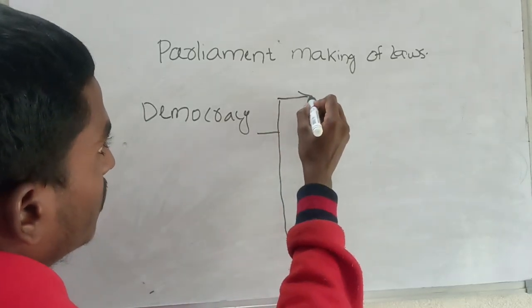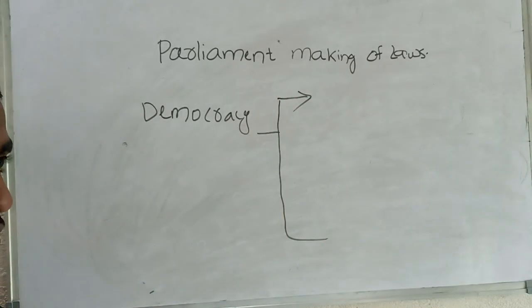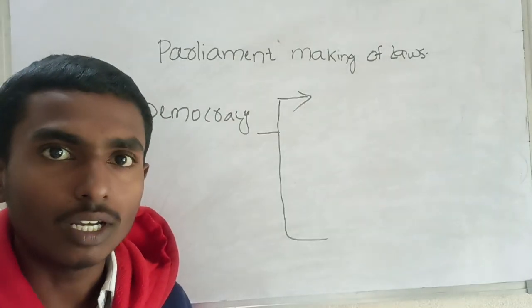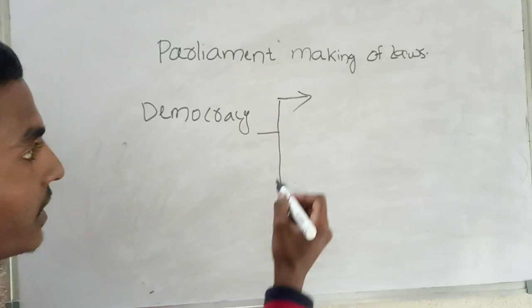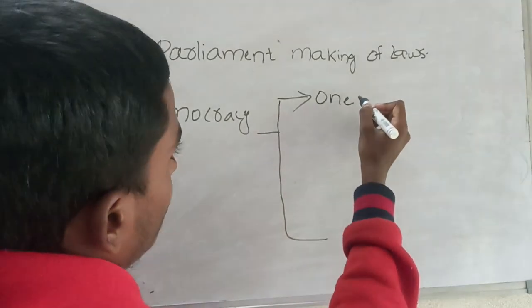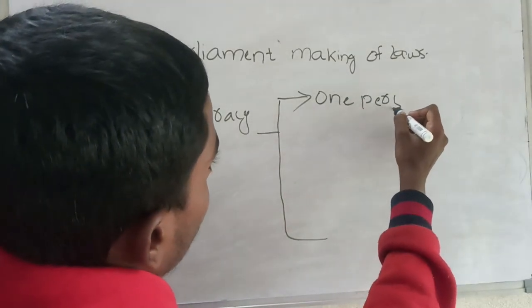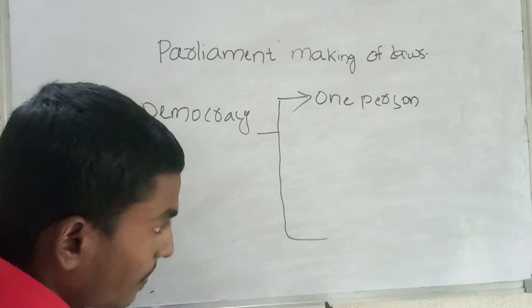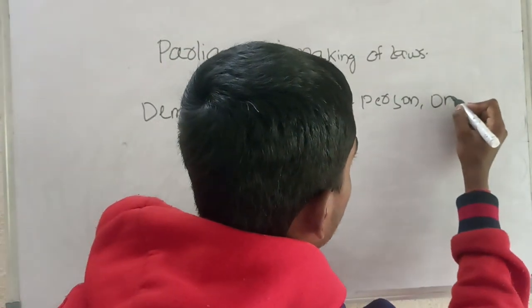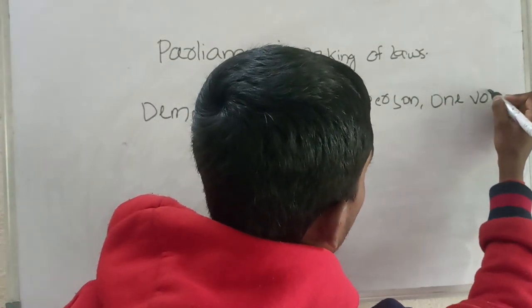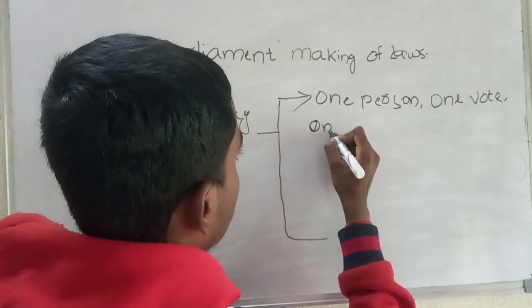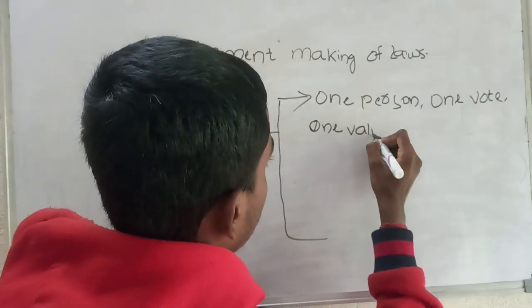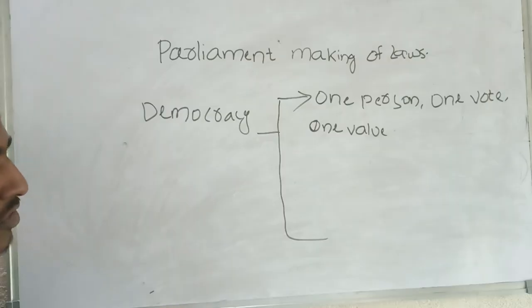To call a country a democracy, first it should follow one person, one vote, and one value. This is the first feature.